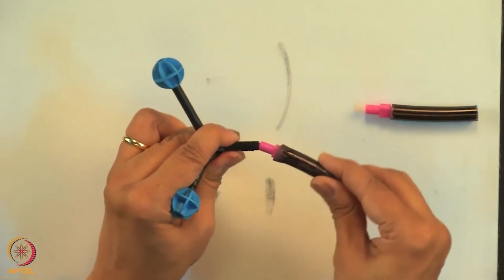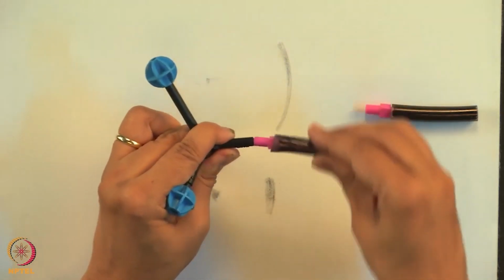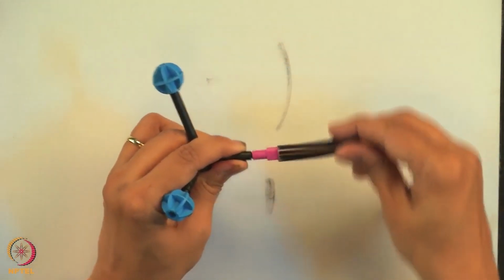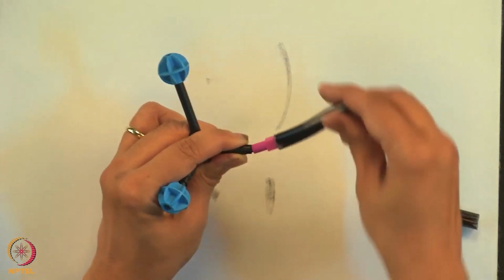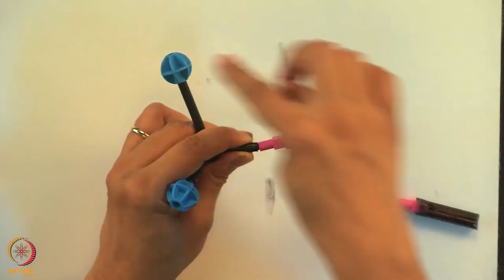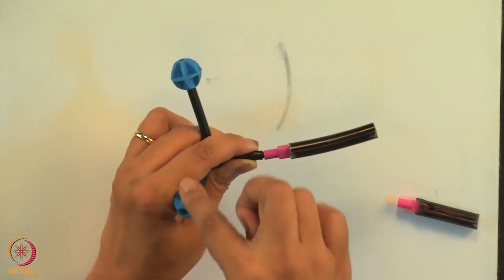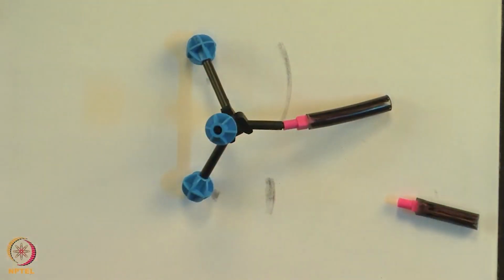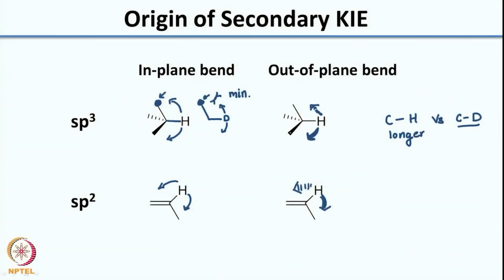So, now when I have CD, as you can see, it moves less. Now, if I compare that with CH, it can actually move more. Alright, and in this case, what is happening? It is interacting with these two atoms here. Alright. So, when you compare the out of plane bend, in the case of CH or CD, there are these two atoms that they interact with, and again in the case of CD, since the bond is smaller, again this bond length does not change.